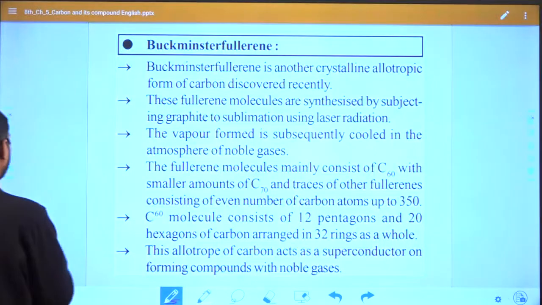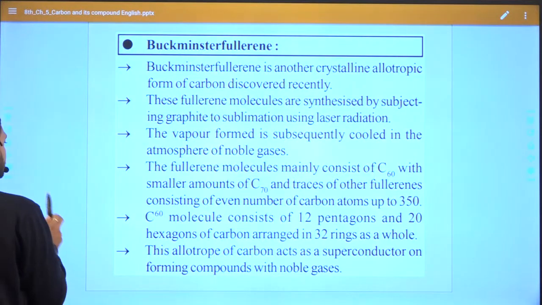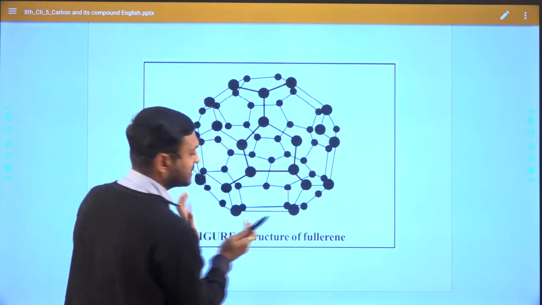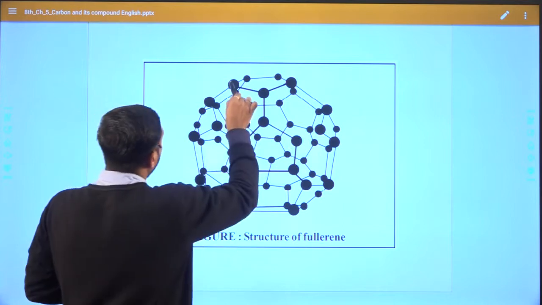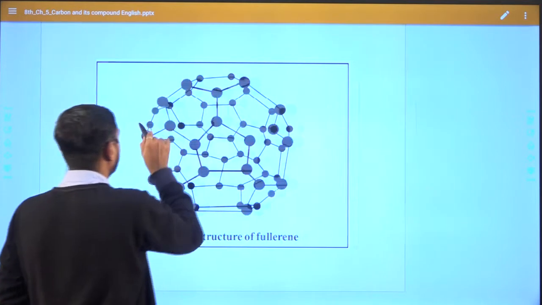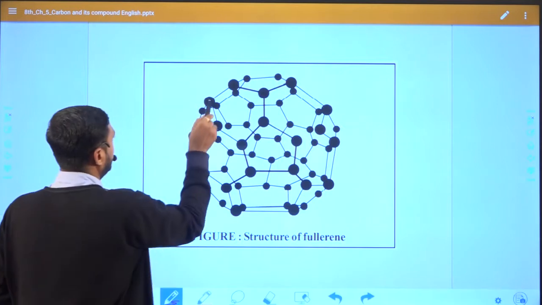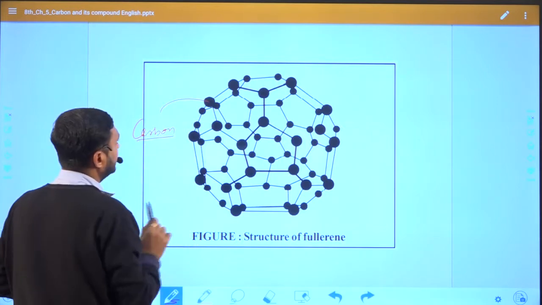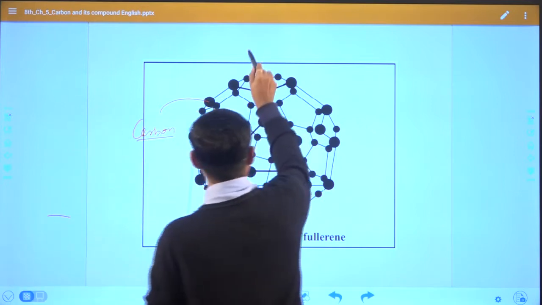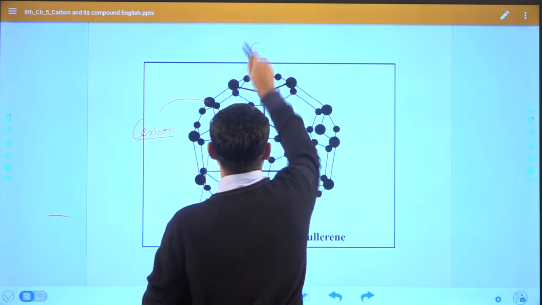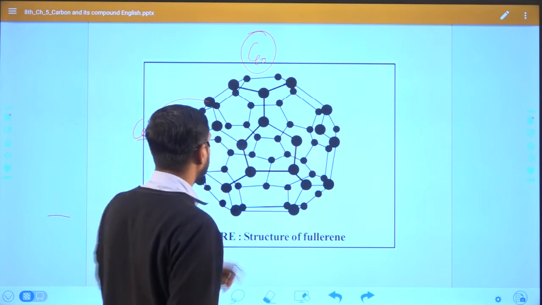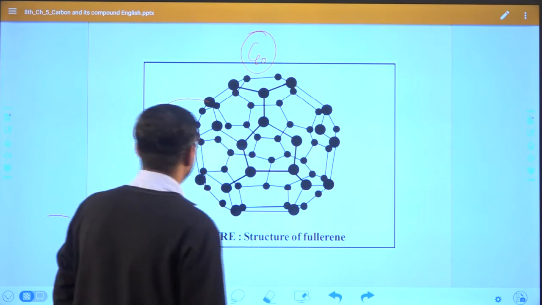So you can see in this structure, this is the ball type of structure, and here the black spots indicate carbon. Suppose we consider this is C60 fullerene, that means it consists of 60 carbon.